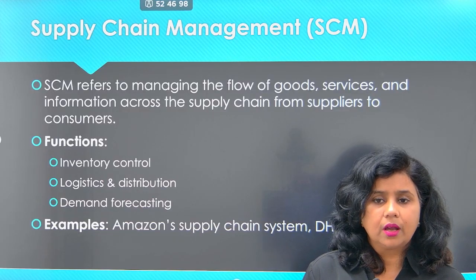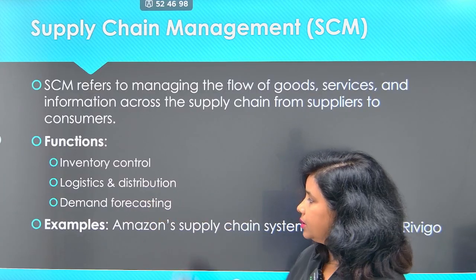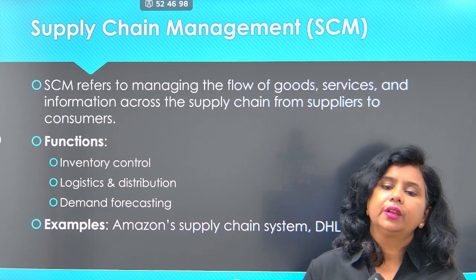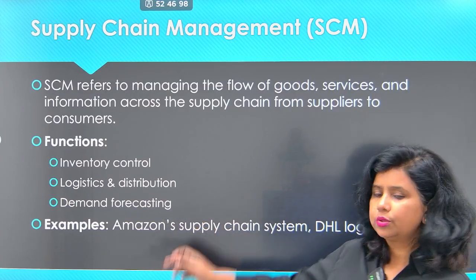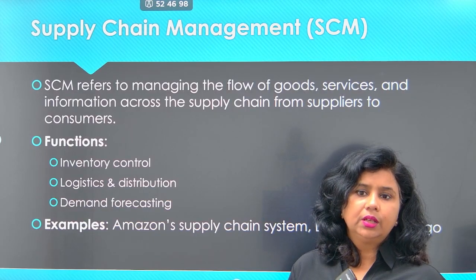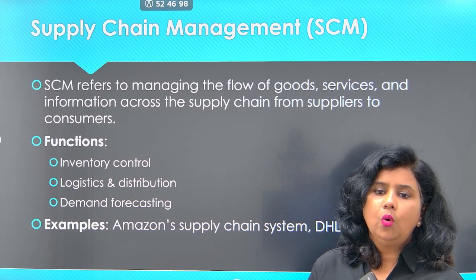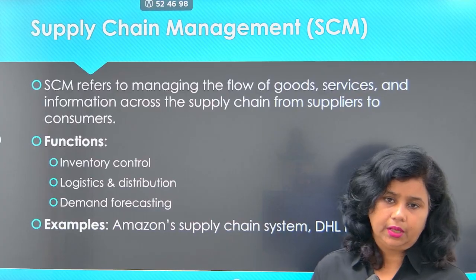All those data are there in logistics and distribution management. And we can also do demand forecasting based on the level of inventory we are having in our organization. Based on that, we can interpret what will be the sales next year or next month or in the upcoming cycle. All these can be interpreted if you are using SCM in a better way.